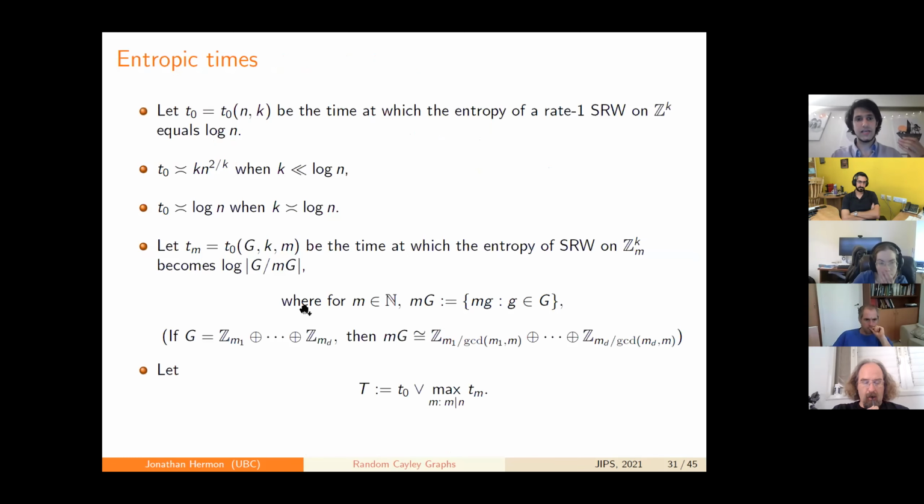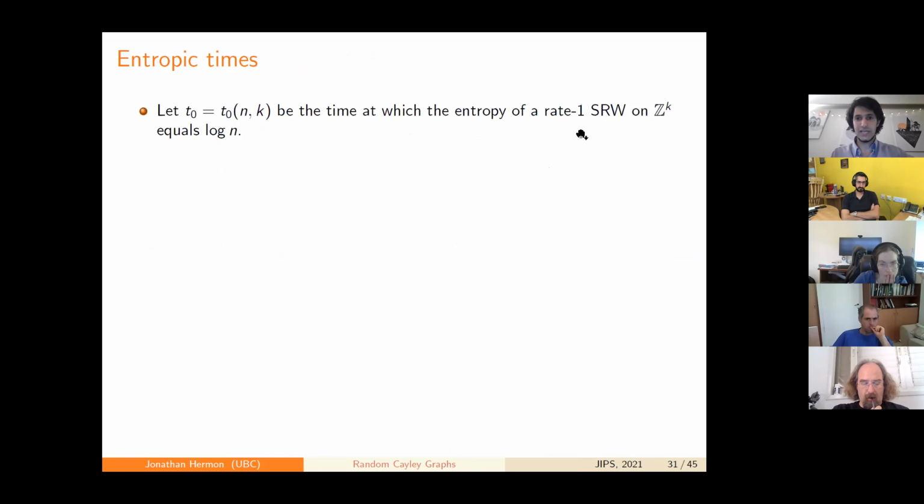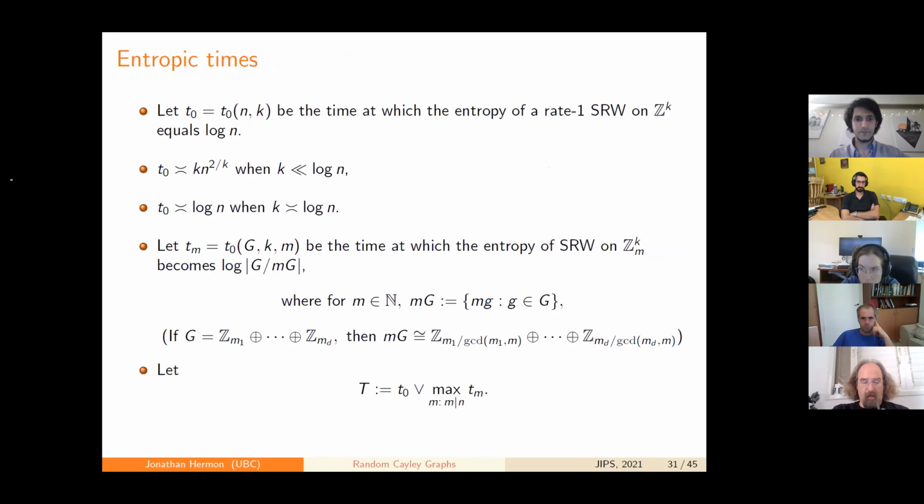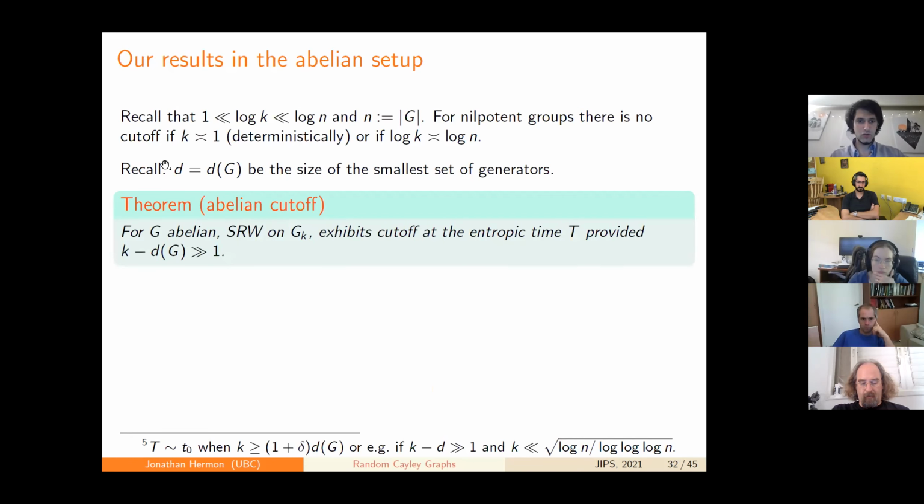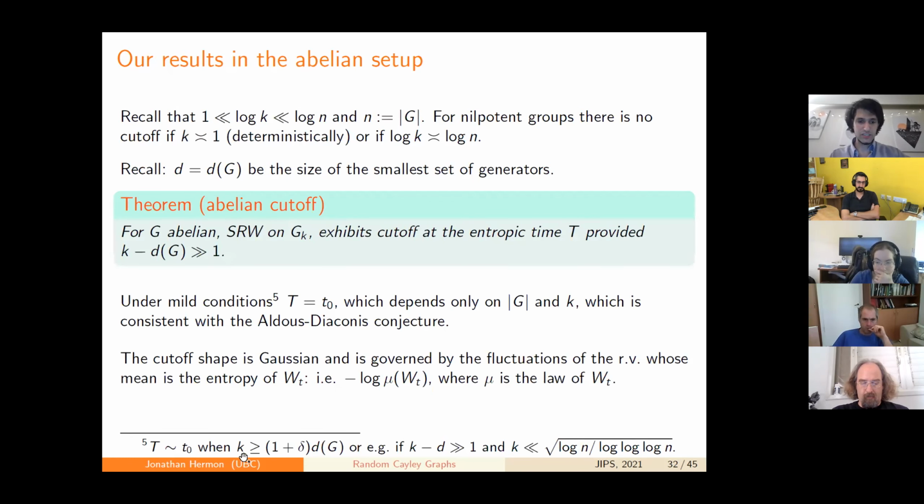Okay, T0, again, is the time at which the entropy of the random walk on Z to the k equals log n. An example of mild conditions is k being at least 1 plus a constant, the dimension. Or for instance, we don't need to assume anything in addition if k is not too large in terms of the size of the group.